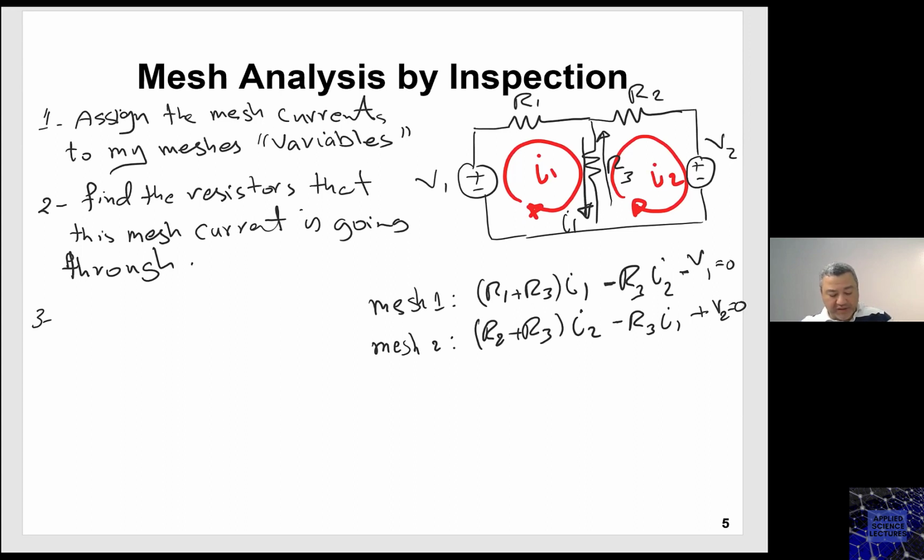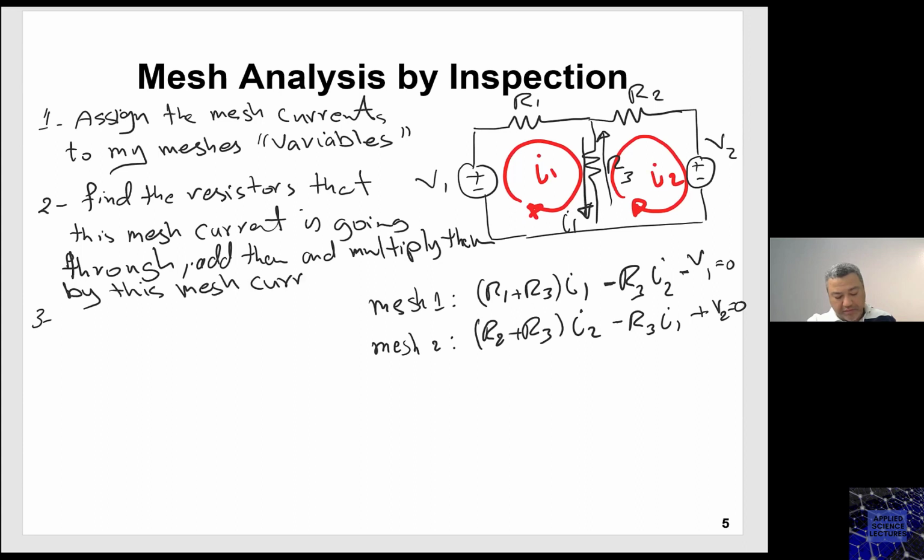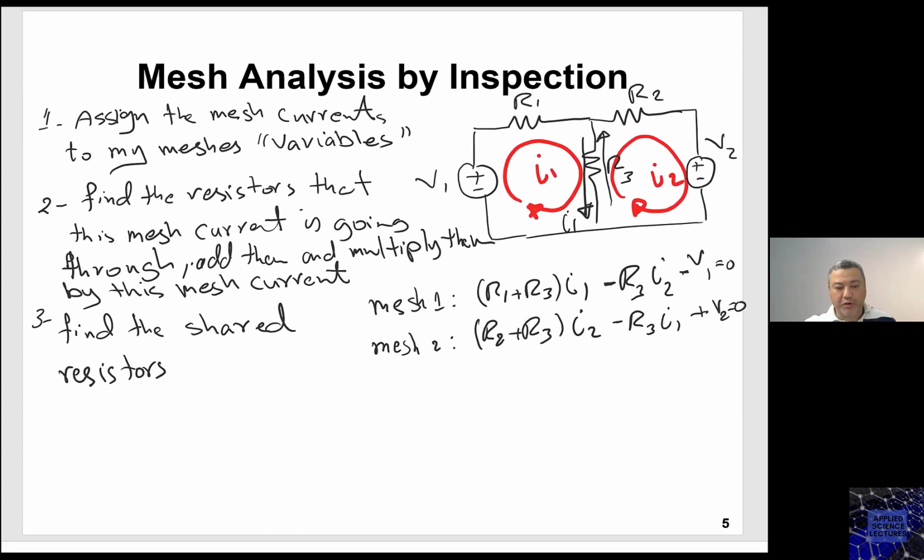So here, find the resistors that this mesh current is going through, add them, and multiply them by this mesh current. Find the shared resistor. There could be more than one.